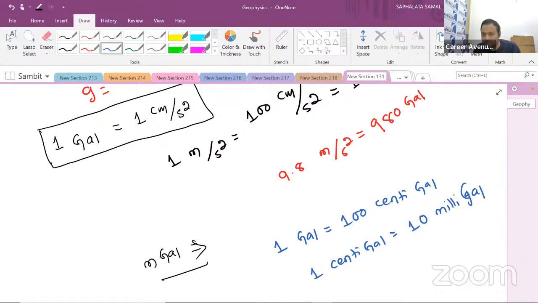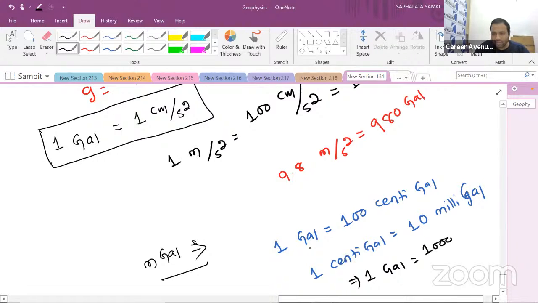Deci, centi, milli, all of you must know the unit conversions. That implies 1 gal would be equal to 1000 milligal, as we know 1 meter is equal to 1000 millimeter. So this is the milligal.